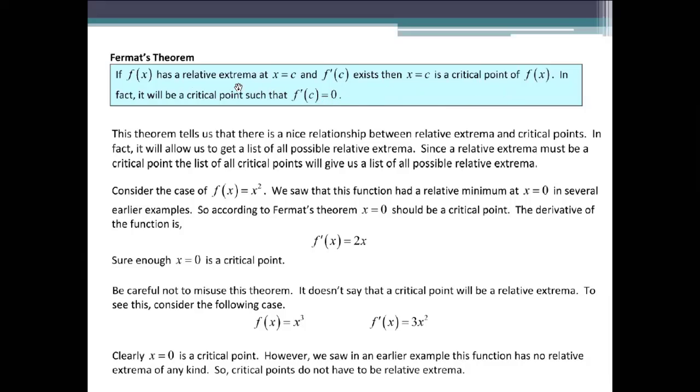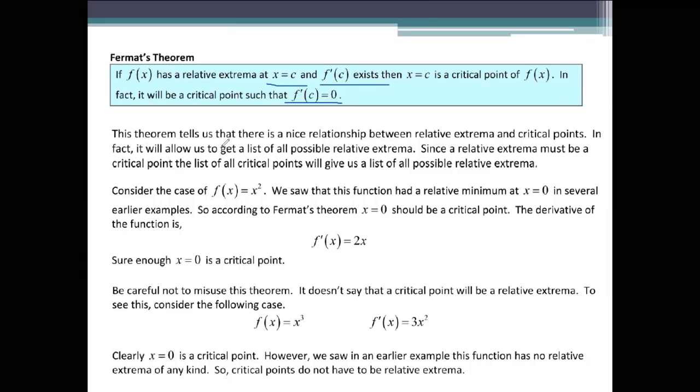So one more time, we can repeat. If f of x has relative extrema at the point x is C, and the derivative at this point exists, then our point C is the critical point of the given function. If it is a critical point, it means the derivative of this function at this point equals 0.